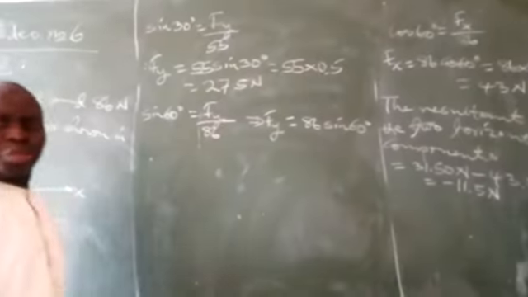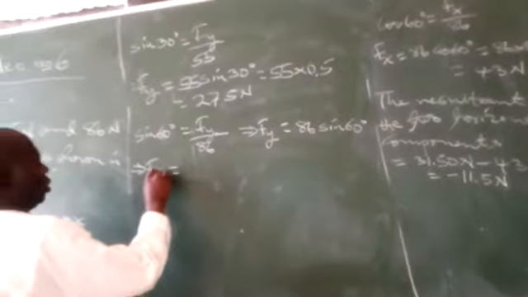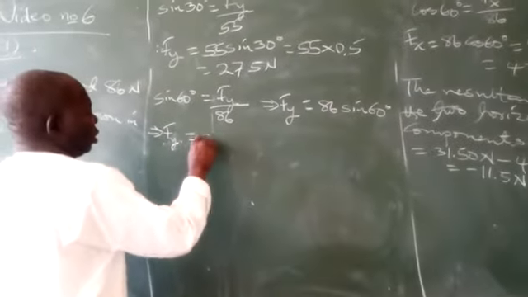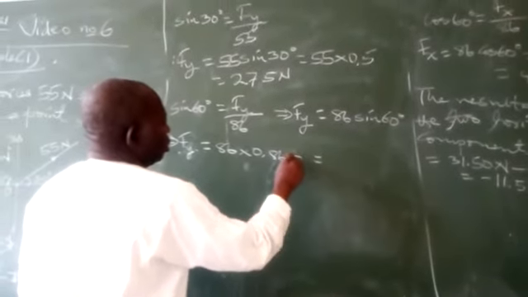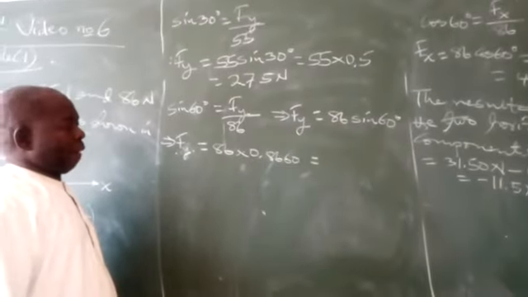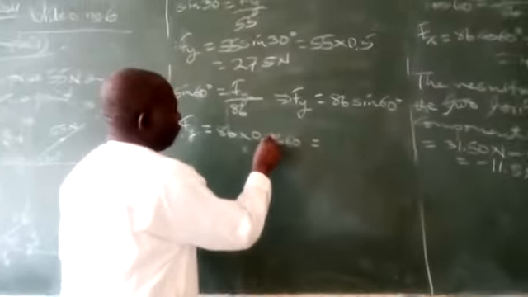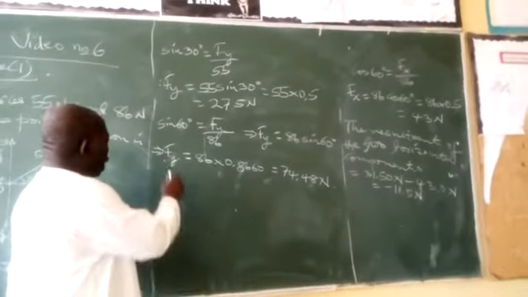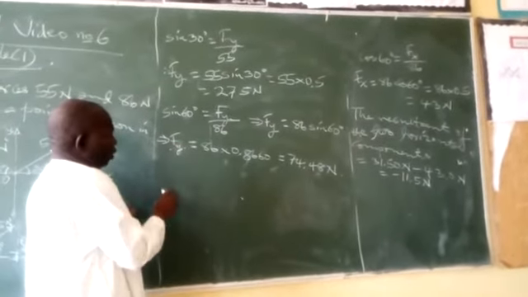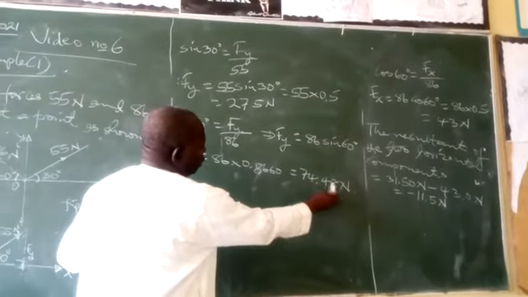Sine 60 degrees is 0.8660. So f sub y is equal to 86 times 0.8660. Remember f sub y is the vertical component. The vertical component of the second force is 74.48 Newton.